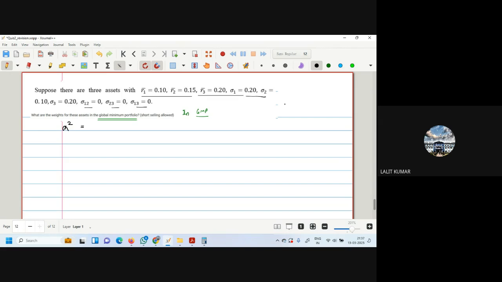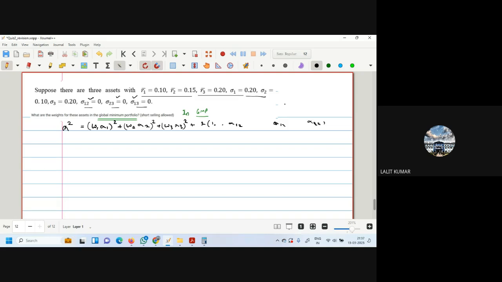It is weight 1 into sigma 1 square plus weight 2 into sigma 2 square plus weight 3 into sigma 3 square plus 2 into all these sigma 1 2, sigma 1 3 and sigma 2 3. Fortunately, in this question, they have given 0. So for the variance in the global minimum portfolio, what we have to do is minimize this variance.